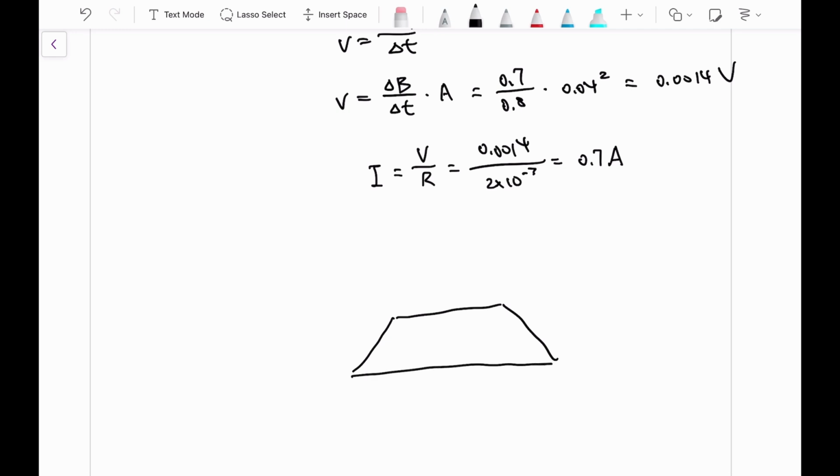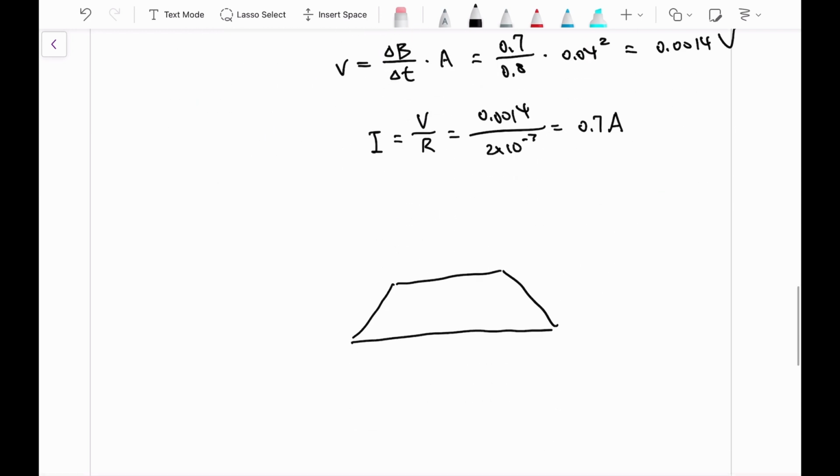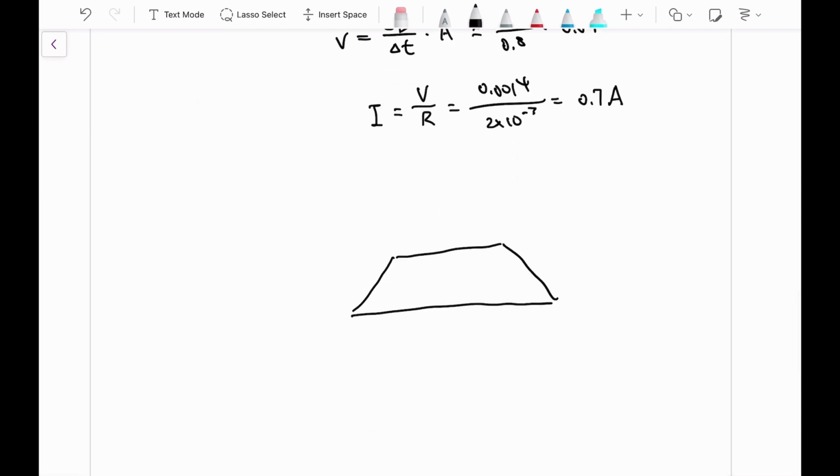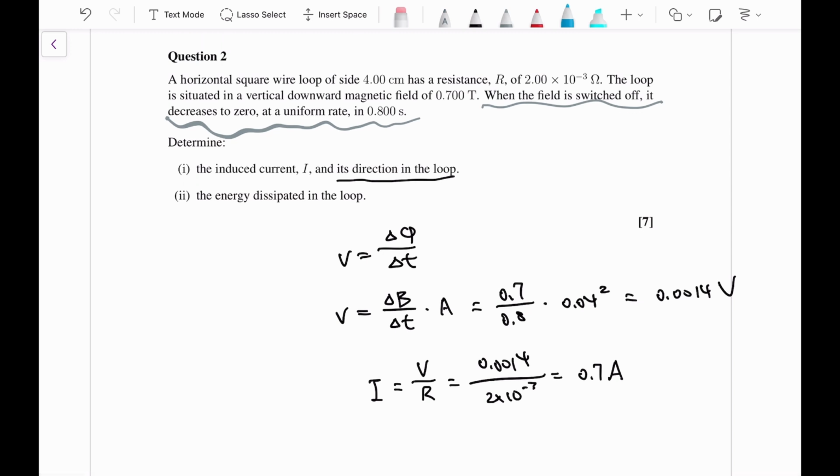And then the vertical downward magnetic field, so I'm going to draw the magnetic field. It will look something like this, I would say. And these are the magnetic field lines, perpendicular. And you want the direction of the current in the loop.